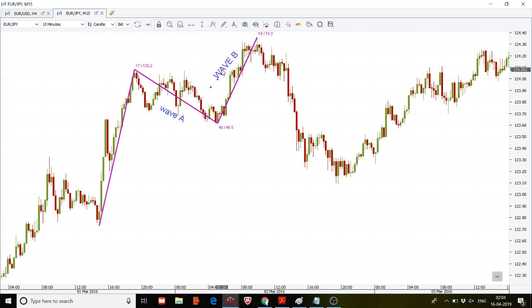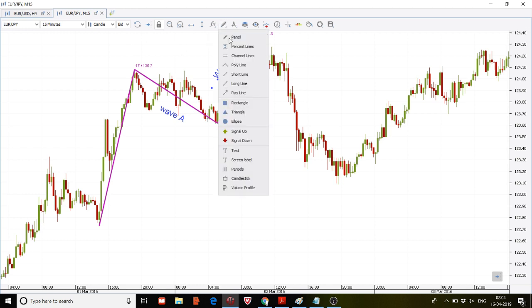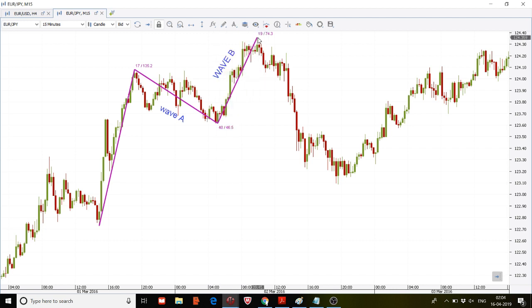This is wave B, and as per our guidelines, wave B should be well above the area of wave A. So we have got that condition fulfilled here. Then our next task is to find wave C. Here again, the same thing: join the end point of wave B with the next swing low in the series.